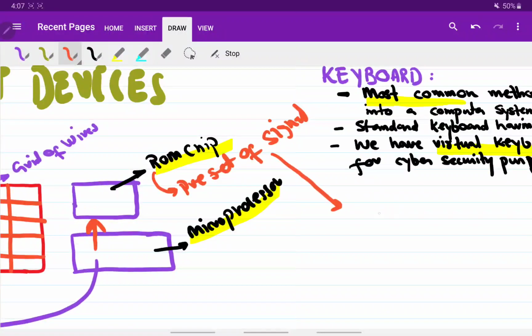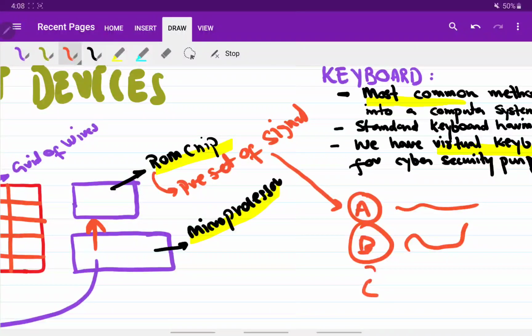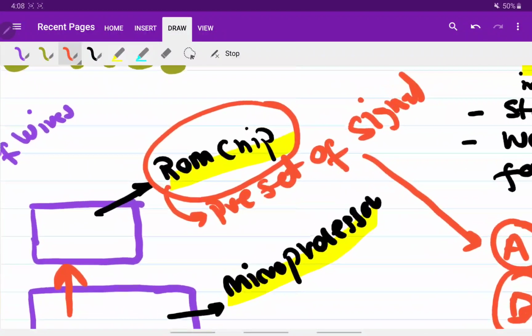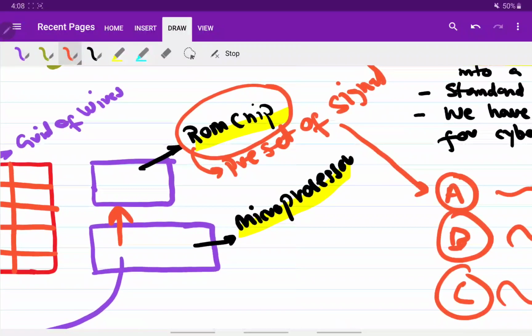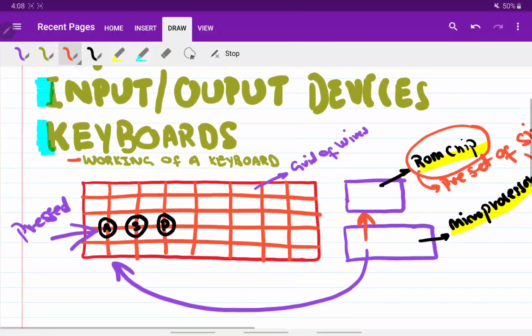For example, we will have a different signal for A, a different signal for B, and a different signal for C, and all those signals are stored in the ROM chip of the keyboard. The microprocessor compares that signal in the ROM chip and recognizes which key is pressed by the user, and then that key is displayed on the screen. So this is the working of a keyboard.